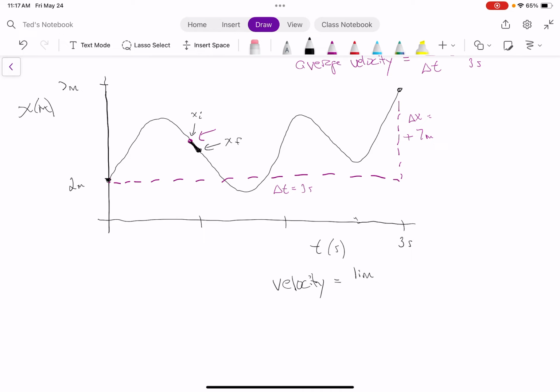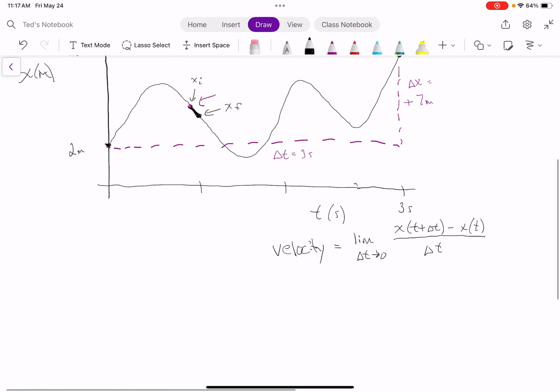It's the limit as delta t goes to 0 of the position at t plus delta t, that is my final position, minus the position at t, divided by delta t. And if you have started your calculus class, and if you've gotten very far at all, you've maybe seen this as the definition of a derivative.